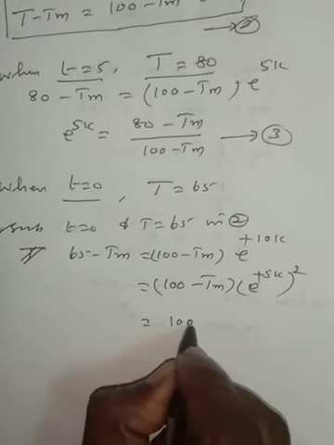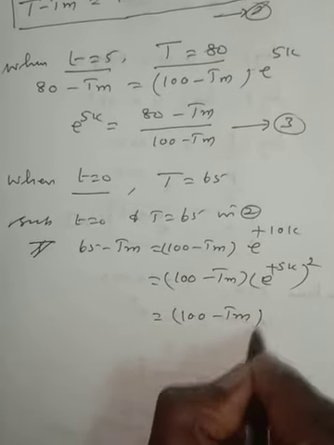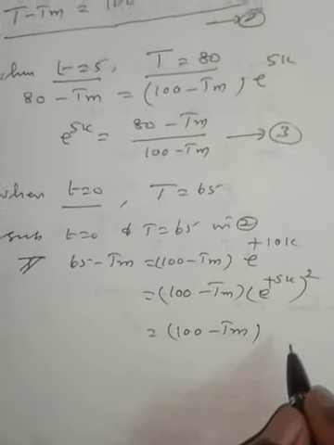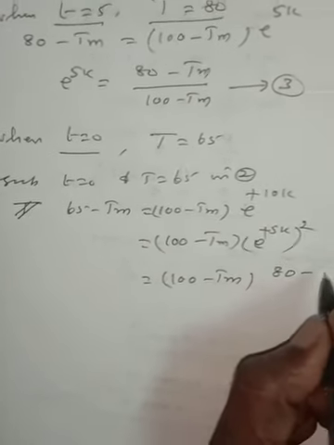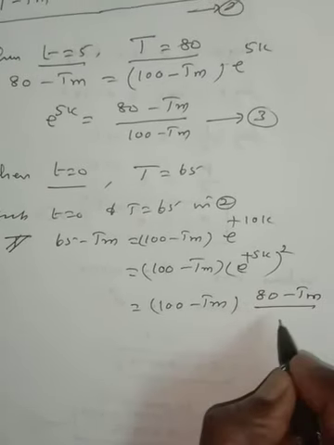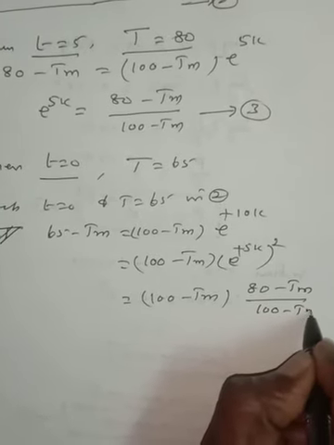So it equals 100 minus Tm into 80 minus Tm divided by 100 minus Tm, whole square.